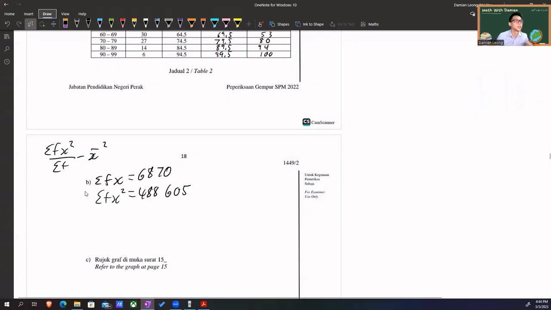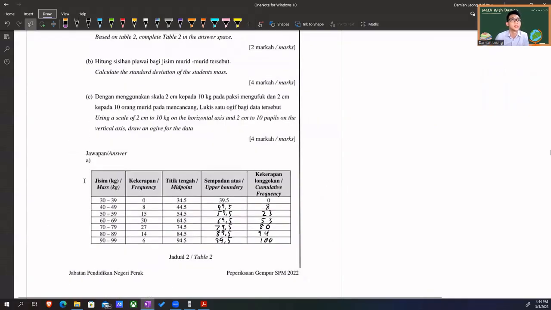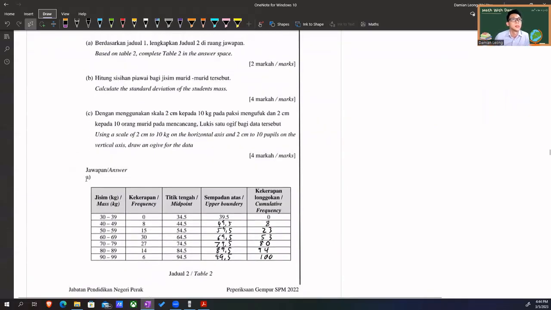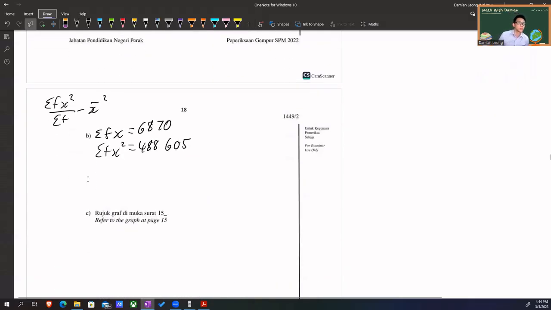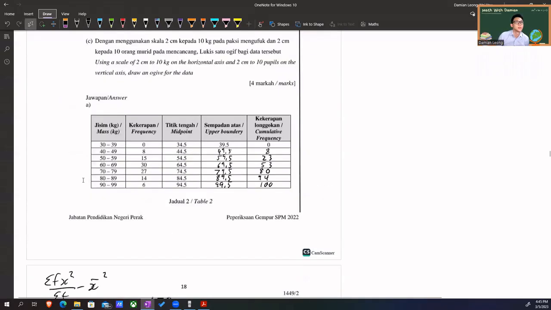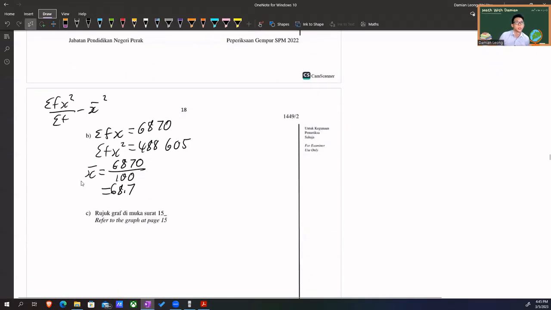Total frequency I already know is 100. If you want, you can find the mean first, which is sum of fx over total frequency, 100. So it's 68.7.